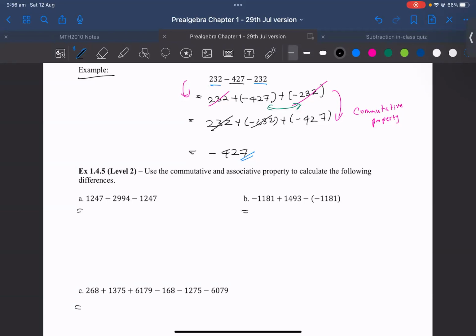Obviously I did it the wrong way around, but that's the concept, right? Those two cancel out. Makes sense.